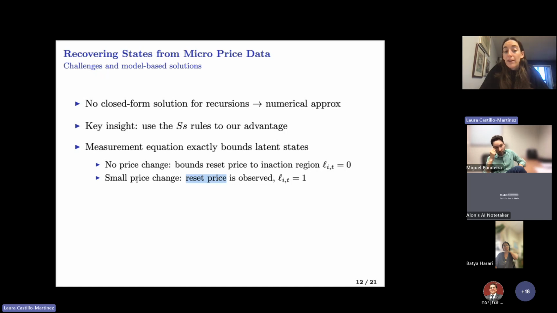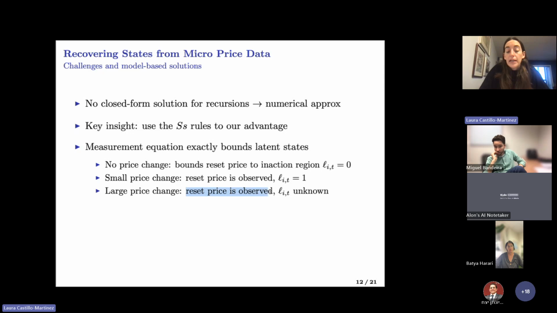And if the price change is very small, and very small is determined relative to the inaction region, it must have been that the firm received a free adjustment opportunity. So here we're done. We have both states. If we have a small price change, we know what the reset price is, and we know that there's a free adjustment opportunity. If the price change is large, we still know what the reset price is.